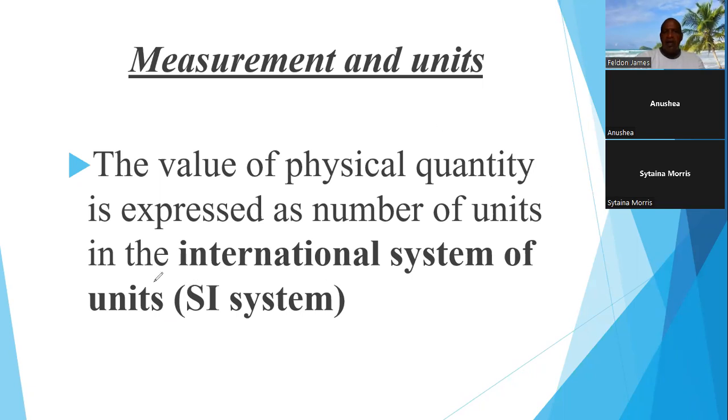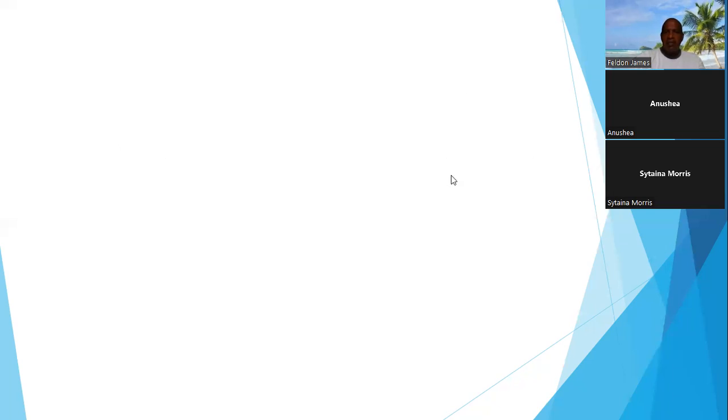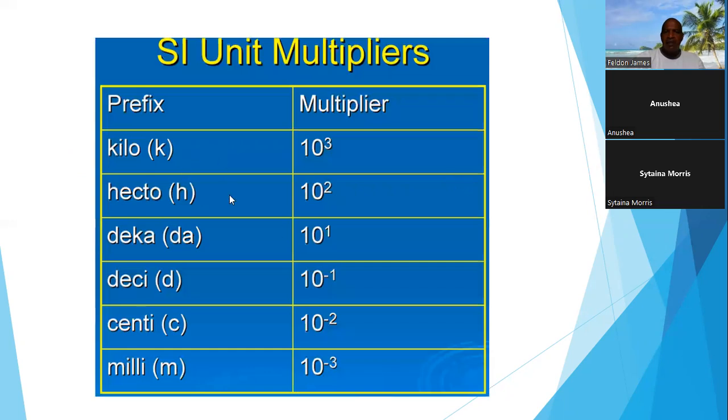All right, so System International, it's a decimal system. In physics, when we use our decimal system, we generally put them in prefixes to denote the power, right?